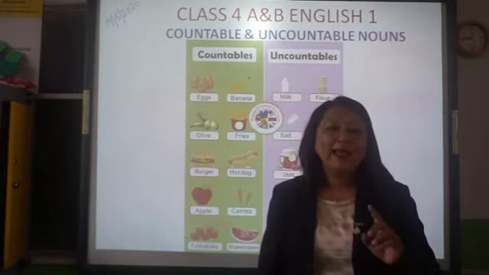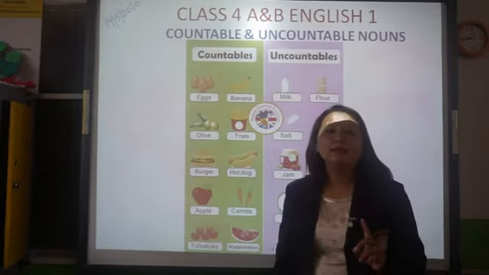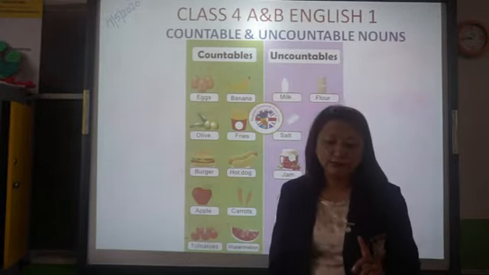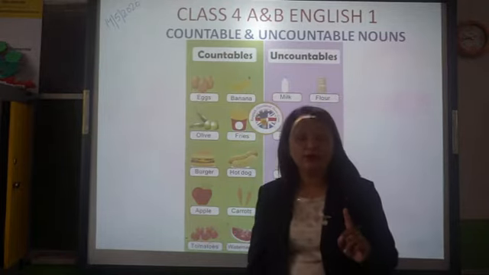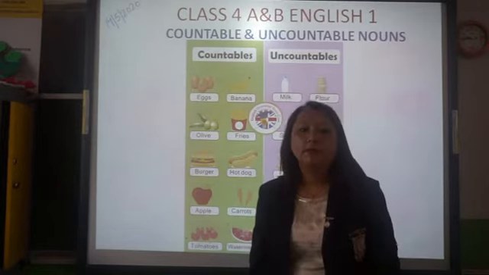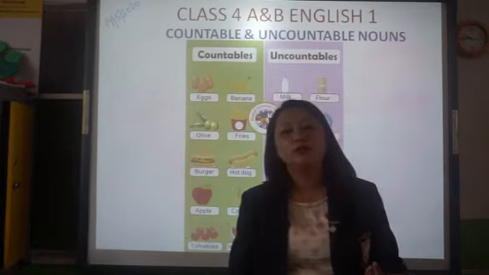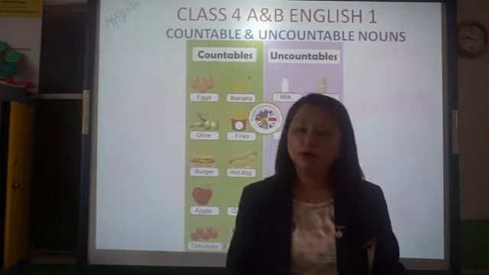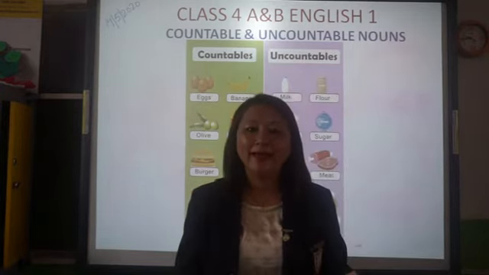I repeat, anything that cannot be counted is an uncountable noun. Or uncountable nouns are those that we cannot count with numbers. For example, water, milk, sugar, rice, oil, air, etc.